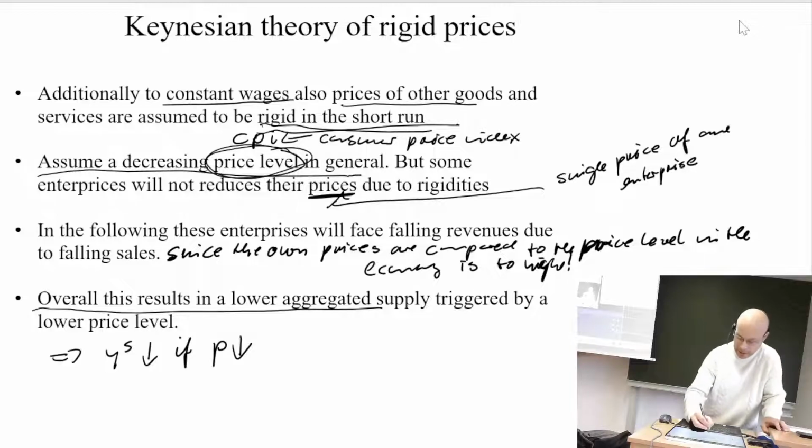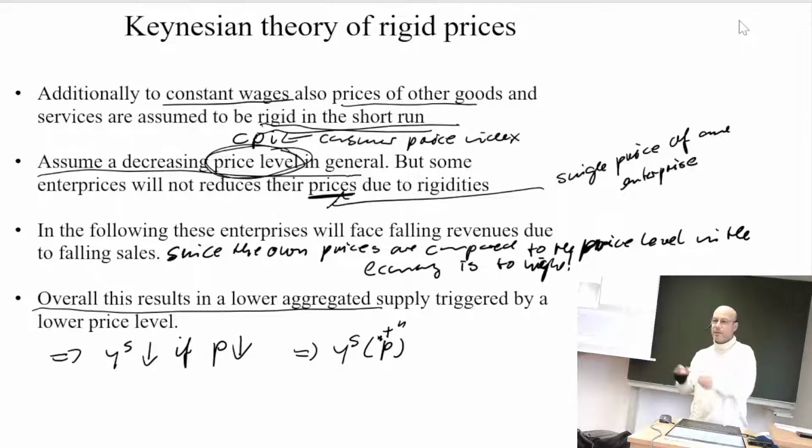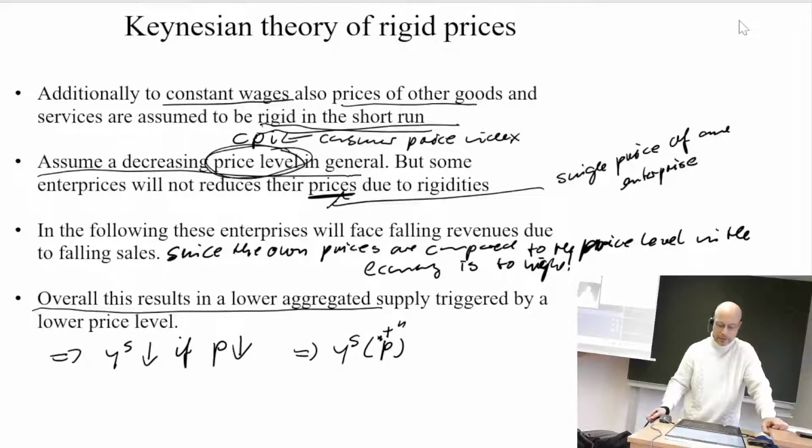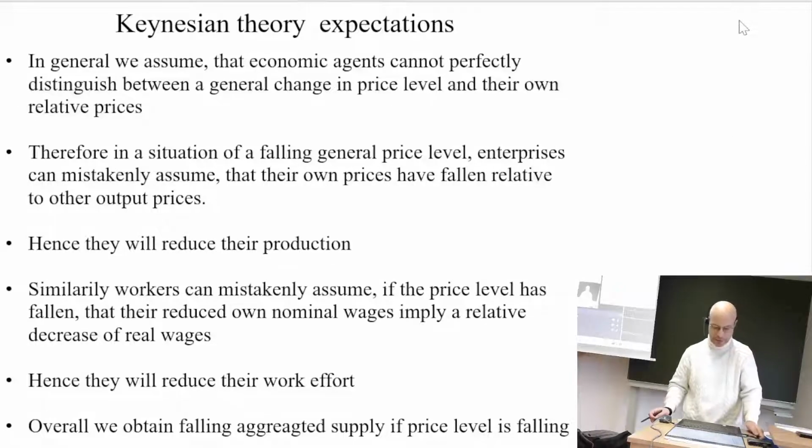And this, of course, then again means that we have here still this positive dependence, because this means also the same argumentation would also be that I would increase my production if prices are rising. Here we just made the argument the other way around, that we here made the argument when the price level is falling.